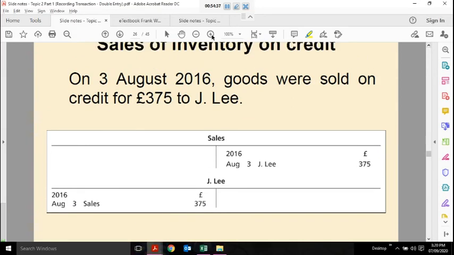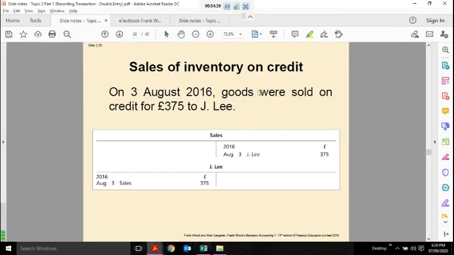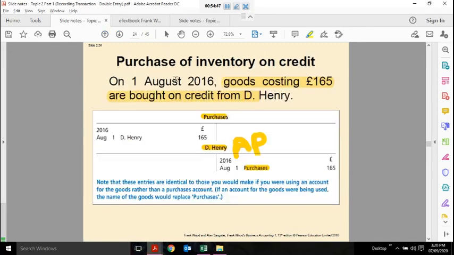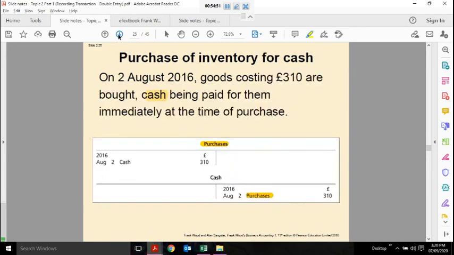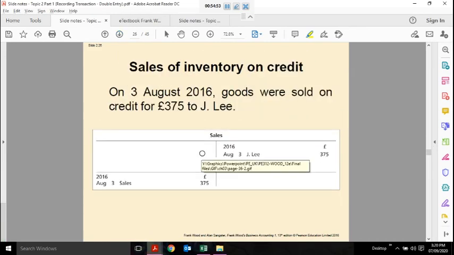Okay, next here, sale of inventory on credit. It's similar to the previous one. Sorry, not purchase, this one is sales. On 3rd August 2016, goods were sold on credit for 375 to Daily. So now goods were sold.